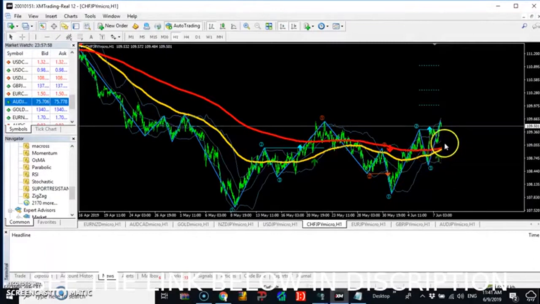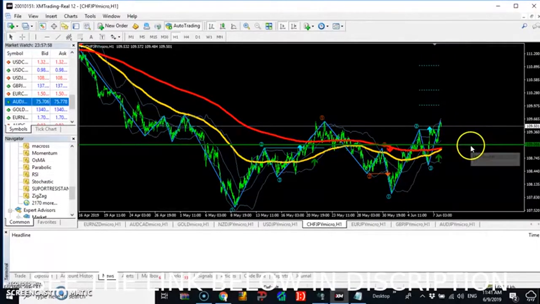So when we pend our order above, this is the first arrow we got. Let's say we pended our order above it. Even if price does this type of thing, we don't care. We know that the trend is ready to change, and then it bounces and goes. Where do we take our profit? Look, take your profit at the top of the chart.